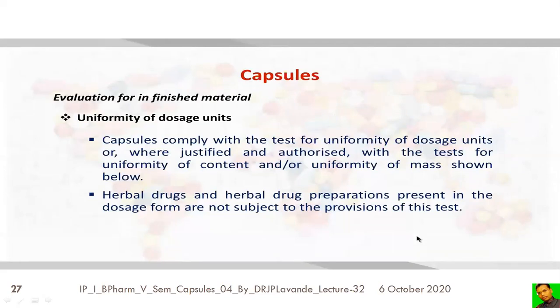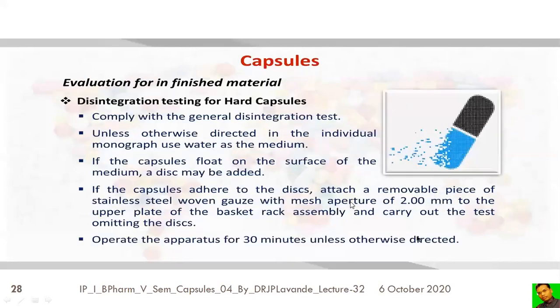Herbal drugs and herbal drug preparations present in the dosage form are not subject to the provisions of this test. So uniformity of dosage units is not applicable to herbal drugs or herbal preparations. That is the important point to be noted here.